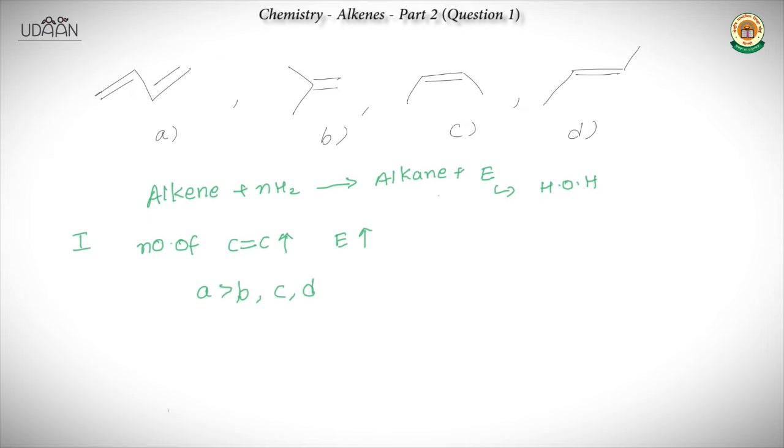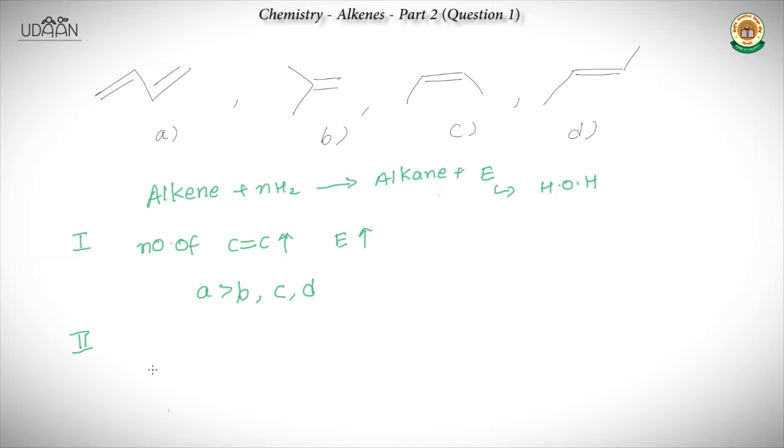Now among B, C, D, let's try to figure out which has more heat of hydrogenation. The second thing you need to know is, if a molecule is more stable, then it releases less energy on reacting with hydrogen.